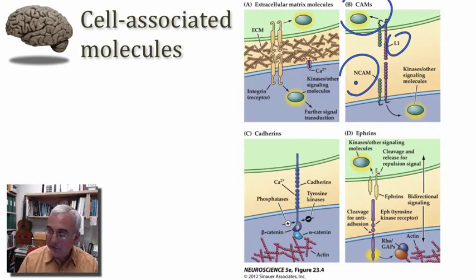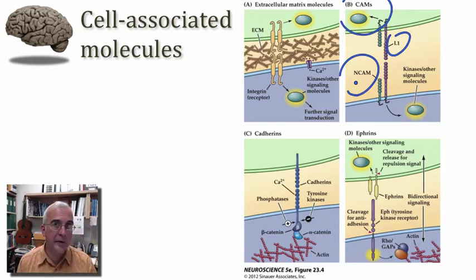So these do interact with similar kinds of kinases and other effector systems within the cell that can influence transduction cascades within the cell that's interacting with these molecules. Now notice again, there's homophilic interaction of one kind of cell adhesion molecule with the very same type of molecule on the surface of another cell.